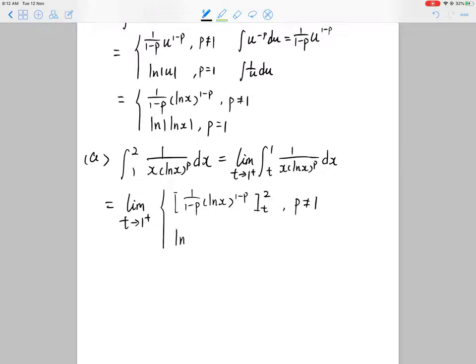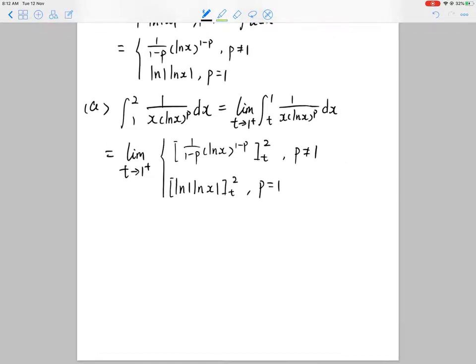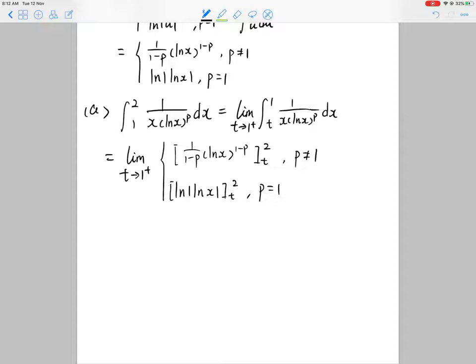Okay, it is log x if p is 1. So we just have to expand it.